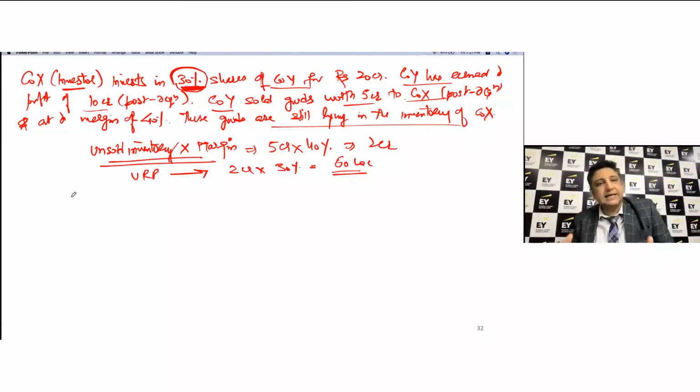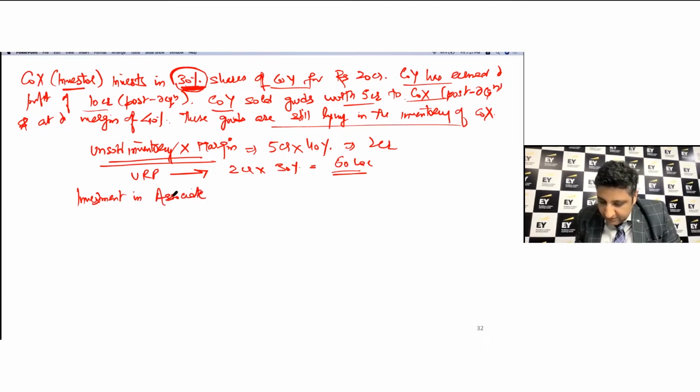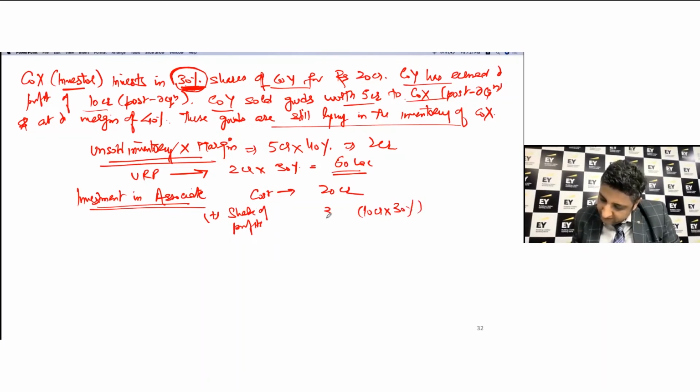So the way you want to understand this is from the investment purposes. Company X would say investment in associate. The cost of the investment is 20 crores plus share of profits, which is 10 crore into 30%, which makes it 3 crores.